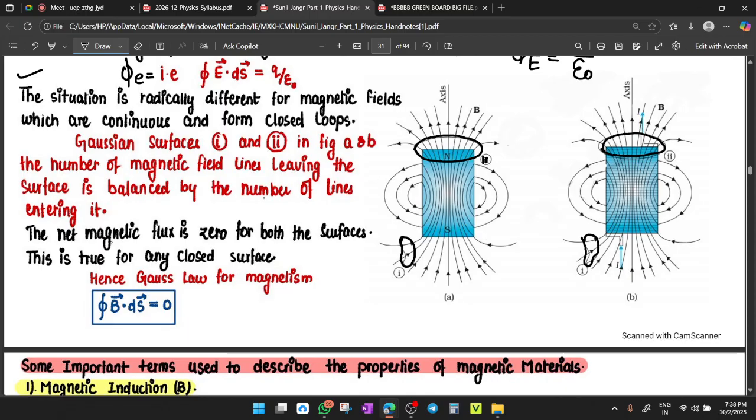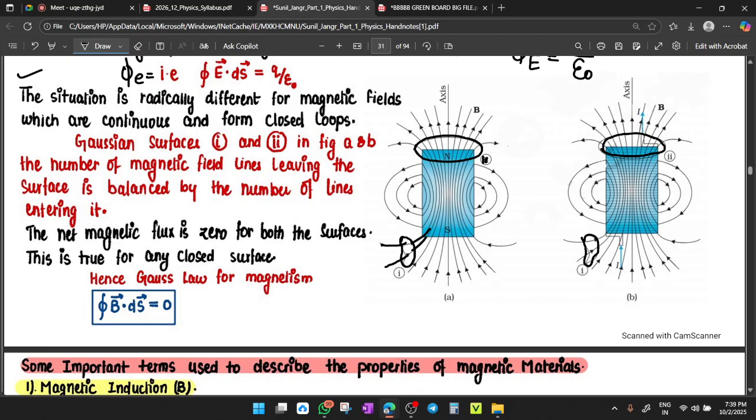Now what we have to understand here is Gaussian surfaces 1 and 2 in figures A and B. In both figures, the number of magnetic lines leaving the surface is balanced by the number of lines entering it. See in this diagram, as many lines are entering the surface, exactly the same number of lines go out from the surface.